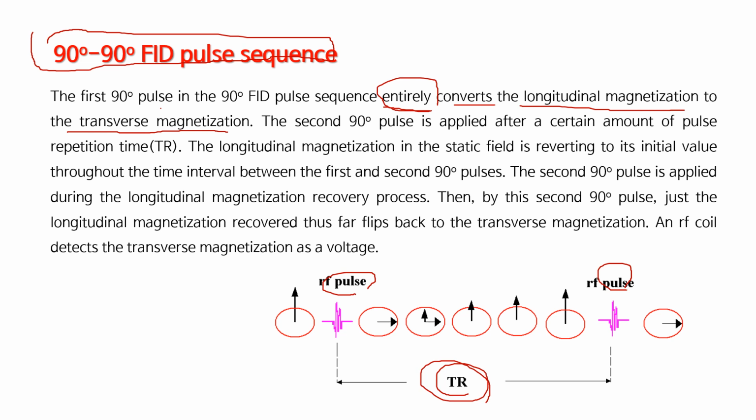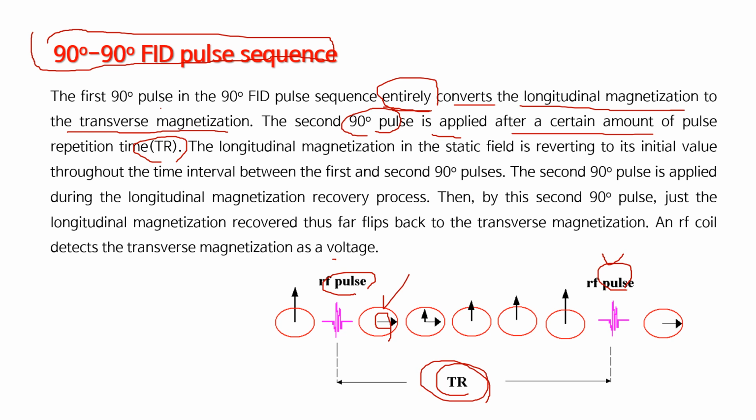So this first 90-degree pulse will convert all the longitudinal magnetisation to the transverse magnetisation this way. The second 90-degree pulse is applied after a certain amount of pulse repetition time, TR. The second one.